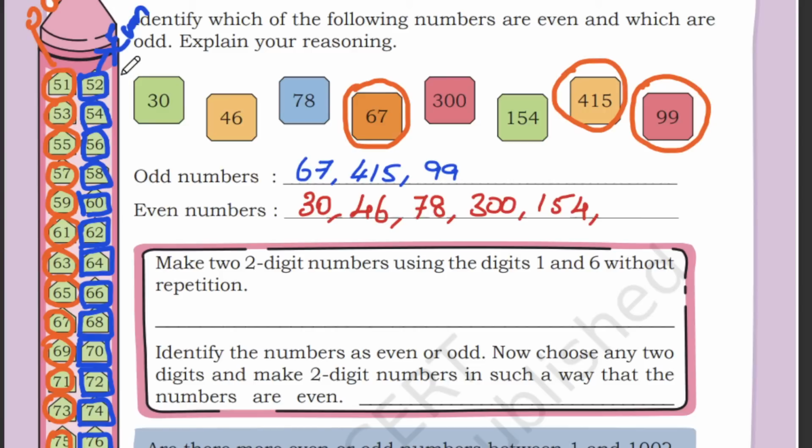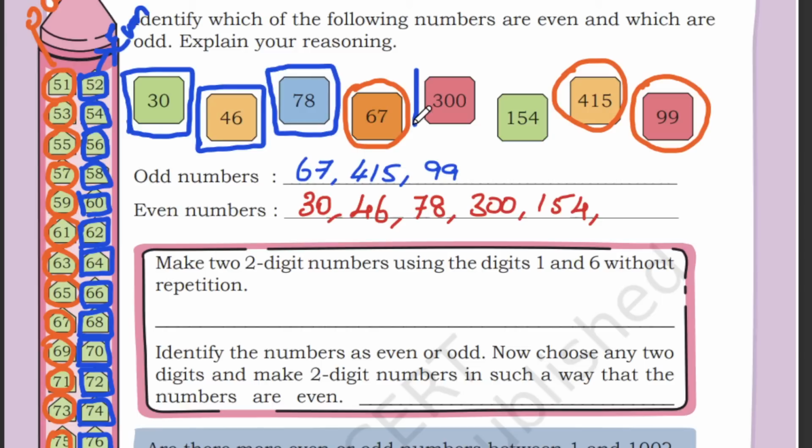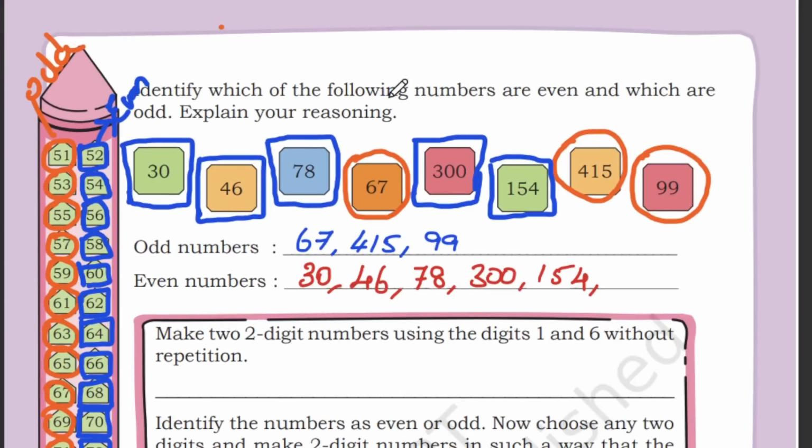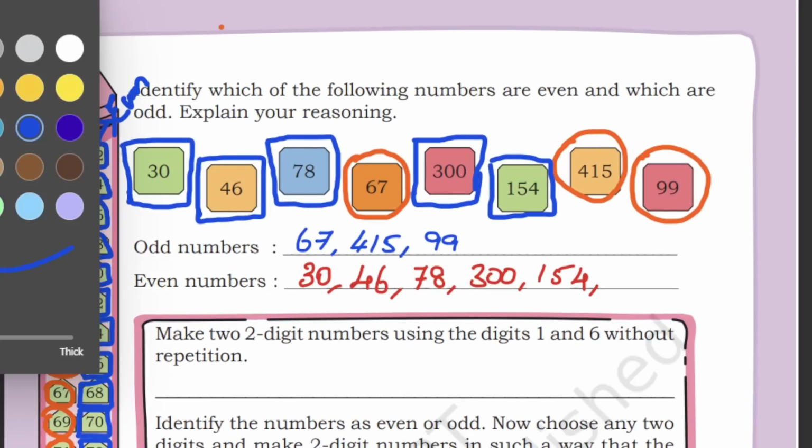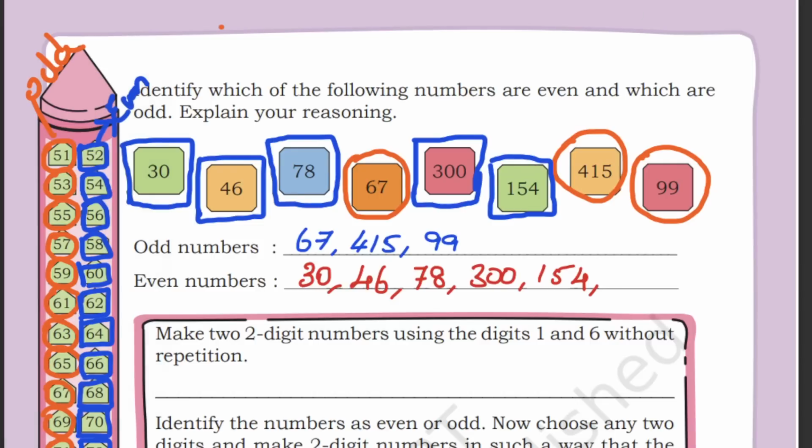The even numbers we have are 30, 46, 78, 300 and 154. Okay, so this one is important, students, for your exam portion. This one I'll put a star, important.